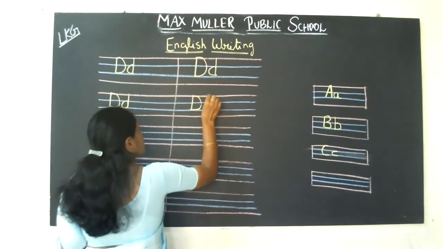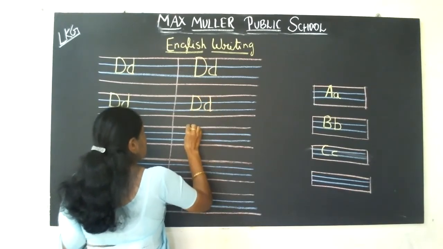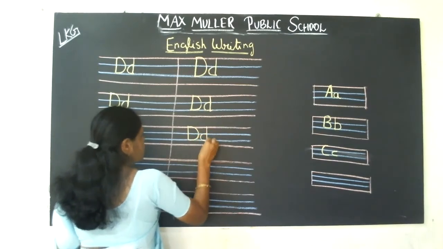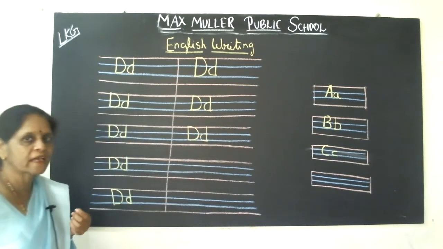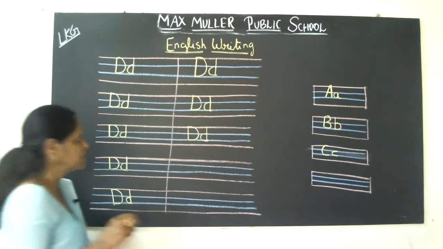Capital D, small d. Again, repeat. Capital D, small d. You have to touch the red and the blue line. Say and write, children. Capital D, small d.